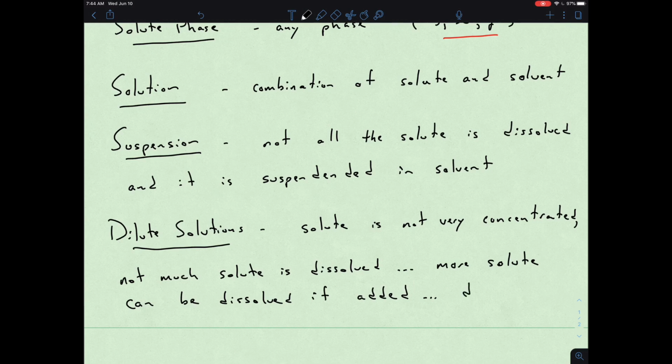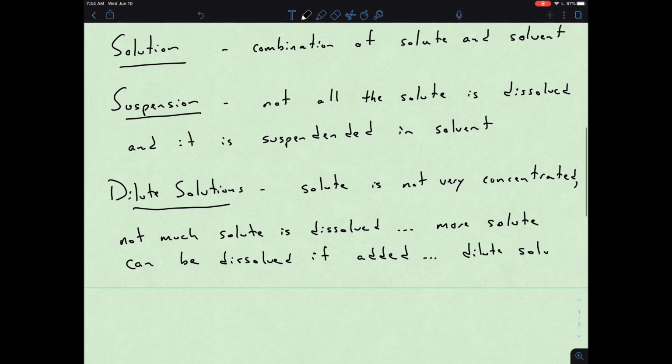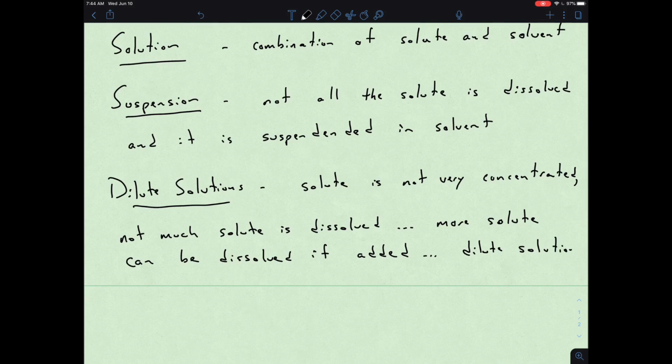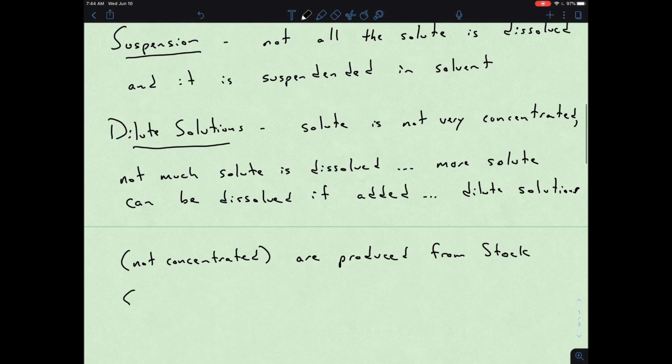Remember, dilute solutions, which are not concentrated, are produced from stock solutions, which are very concentrated.